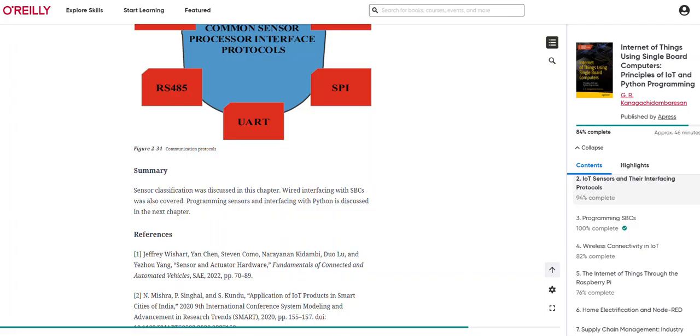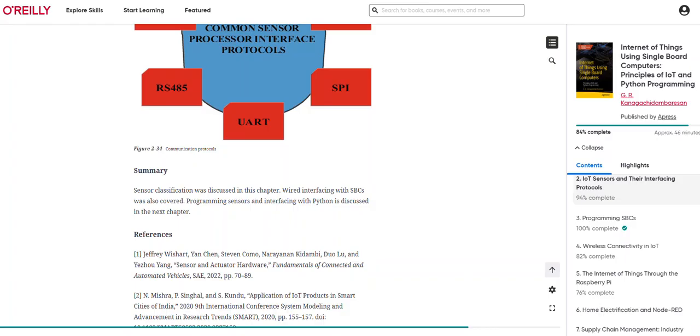So to wrap things up, sensors are the cornerstone of IoT. They enable data collection from the physical world. Interfacing protocols like I2C, SPI, UART allow sensors to communicate with microcontrollers.